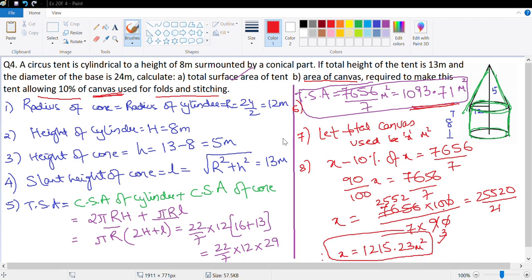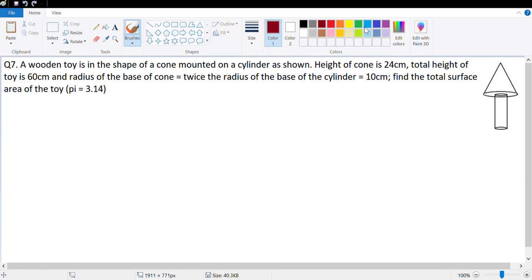The next question that we do is question number 7. It says a wooden toy is in the shape of a cone mounted by a cylinder as shown. Height of the cone is 24 centimeters.